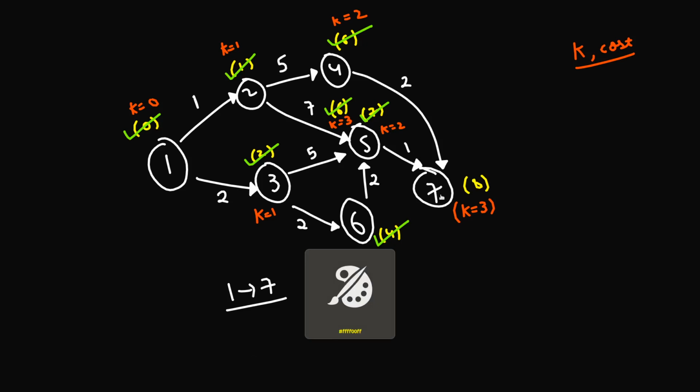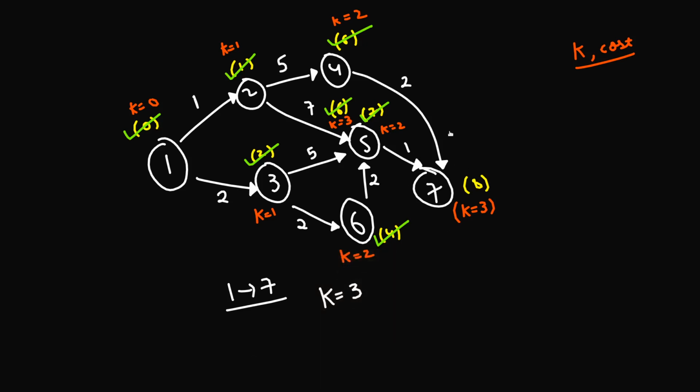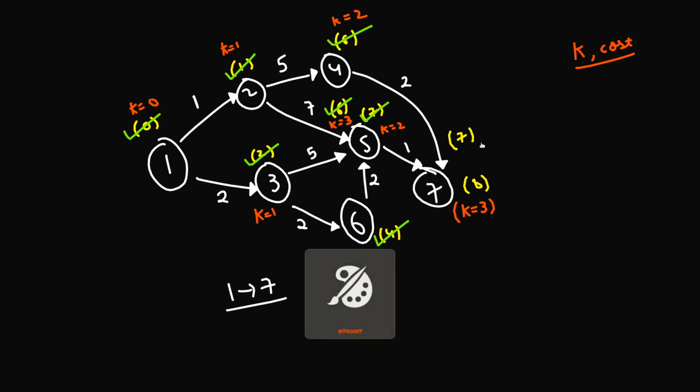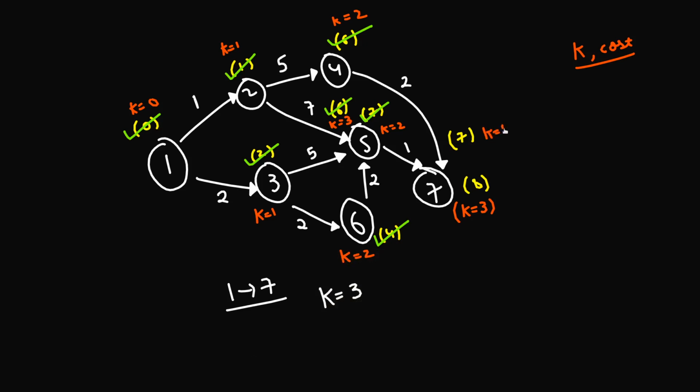So that means that I can go to this neighbor with a cost of 7, so I'll be just writing that 7 here. And along with that, since k is equal to 3 at this particular node for this cost 6, if I add one more city, the number of cities is going to be 4. So that means I'll be having k equals 4. Okay, cool. So we have already processed this one. And if you go to this last node, there are no neighboring nodes to this. So this is the moment where we end our algorithm.